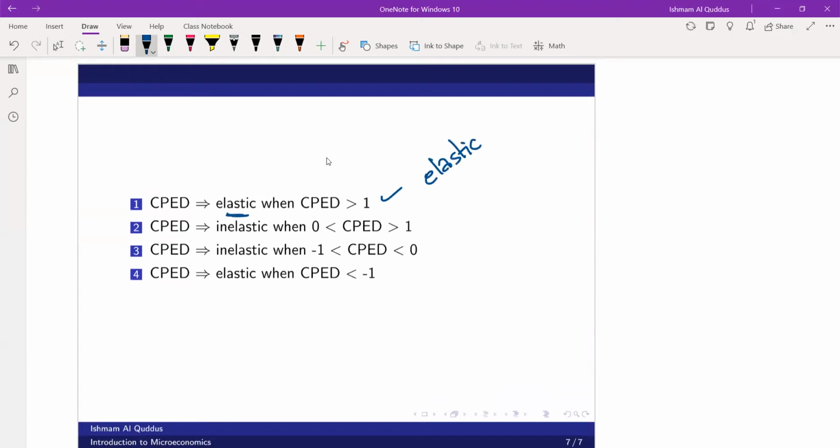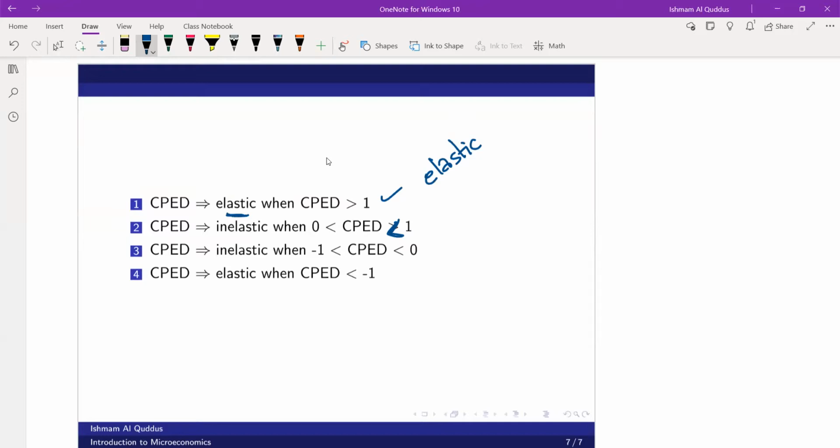Remember that elasticity is basically responsiveness, like how much you respond to a change of a determinant. So here I'm telling you that when CPD is greater than 1, the good is elastic. When the CPD's value is in between 0 and 1, then the good is inelastic.